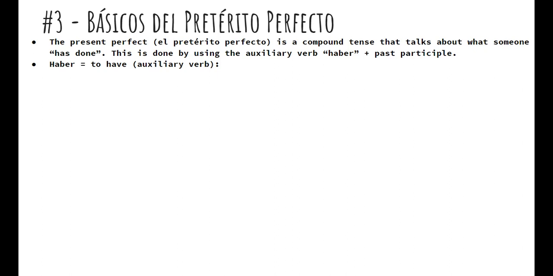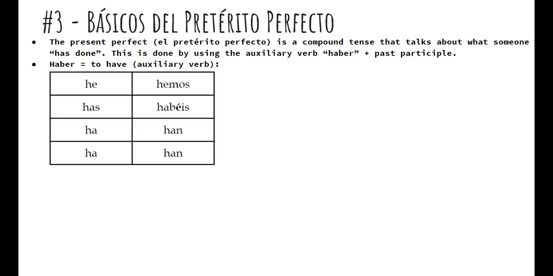So haber means to have, but it's the auxiliary verb version. So we actually have in Spanish two verbs for to have. We have tener, which is going to be the action verb to have, like I have a car. Haber is going to be the auxiliary or helping verb version of to have, like I have walked.